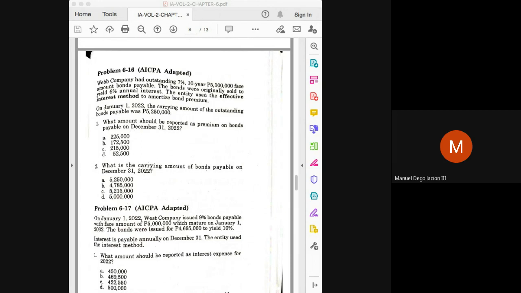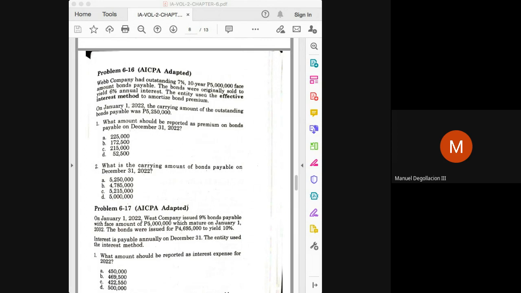Next, if you will now be computing for the remaining premium or the unamortized premium, it will not be the same as last year, because this amount will have a running balance. Initially, it was 250. After 1 year, it was 225.